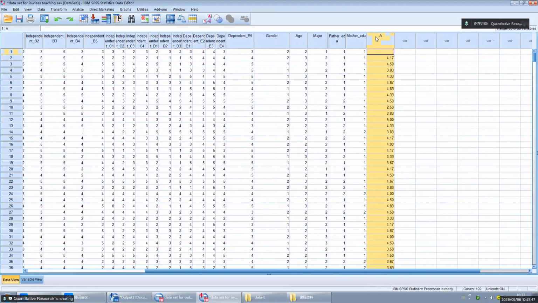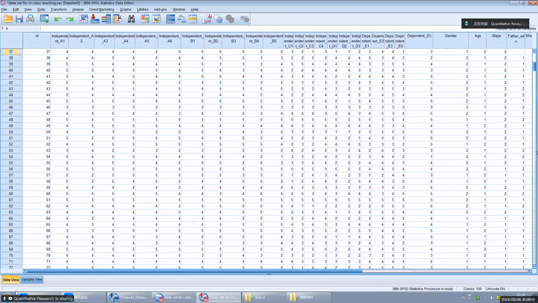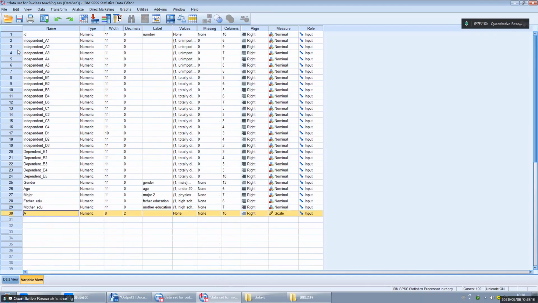Okay, so now, everyone, because in all the following data analysis we are going to use the mean scores, please compute the mean scores for A, B, C, D, E, and save the file so that we won't compute mean scores anymore.